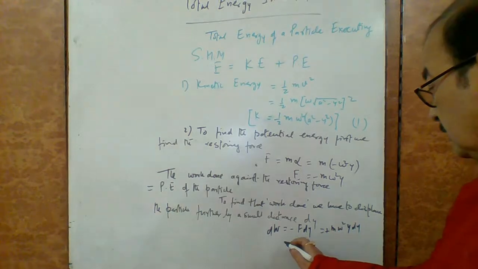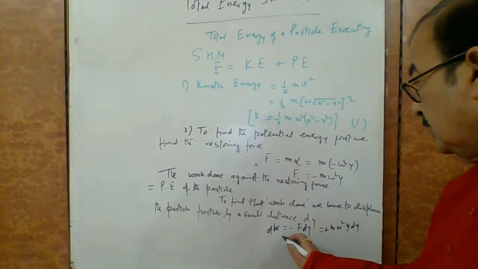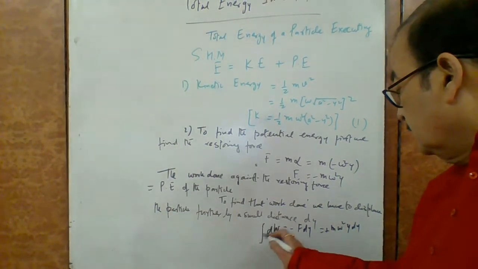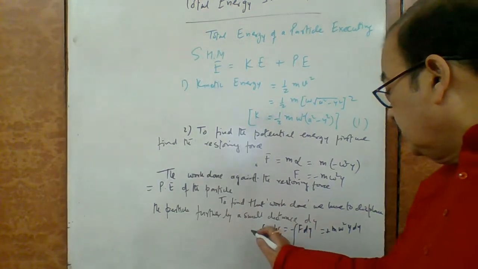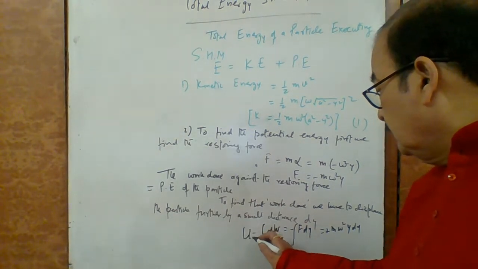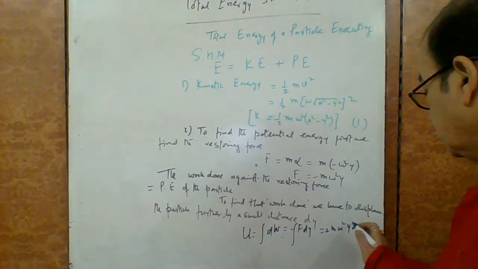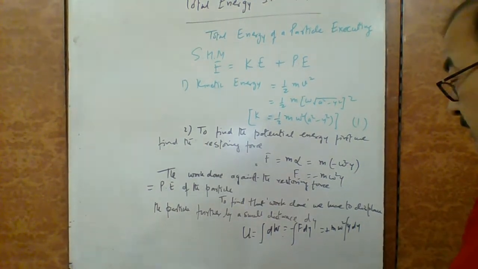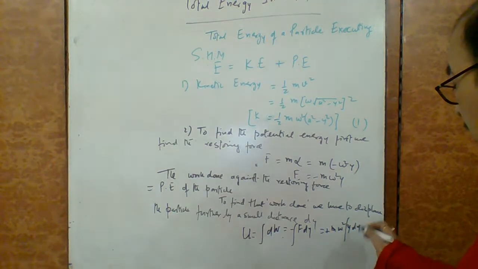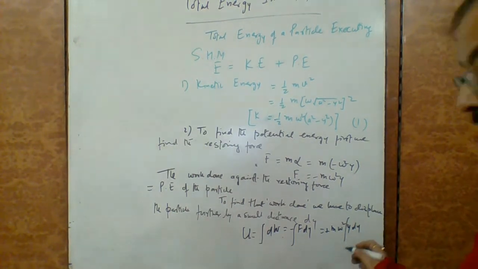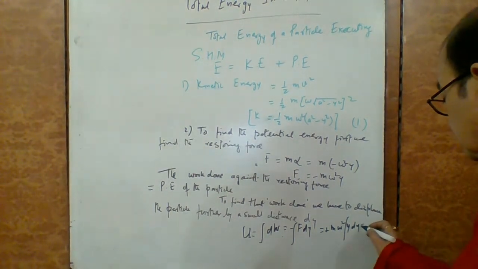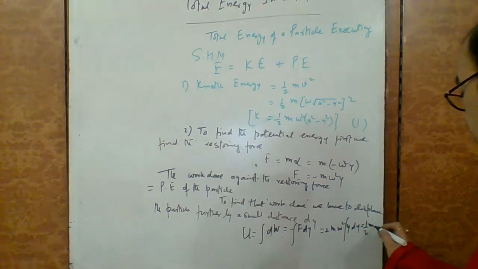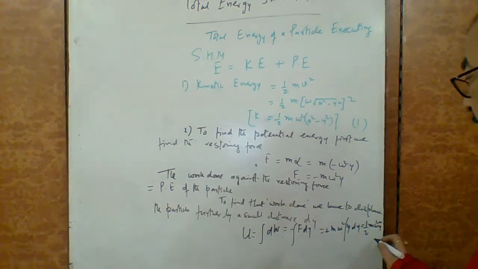Therefore, this potential energy U is given by the integration, which will be equal to half y squared, so U equals half m omega squared y squared. This is your equation number 2.